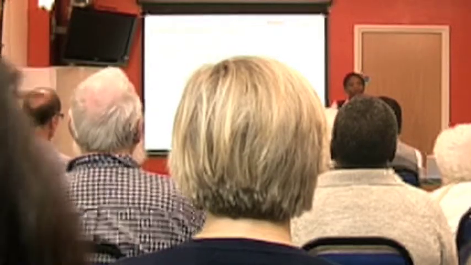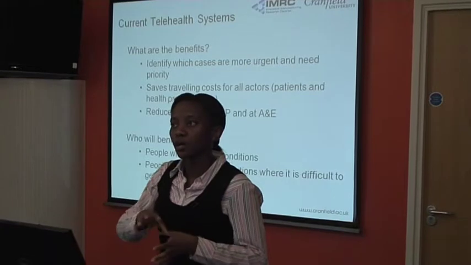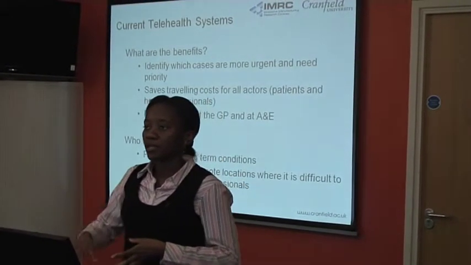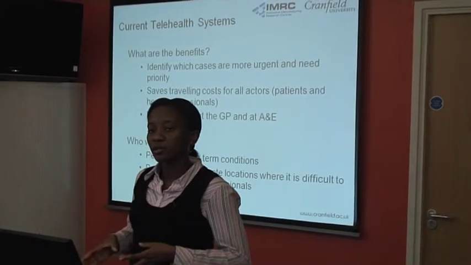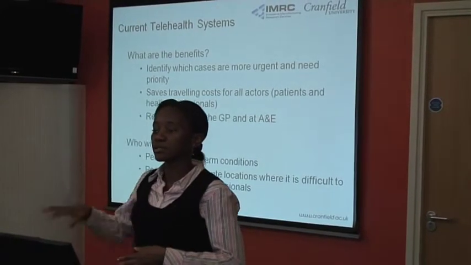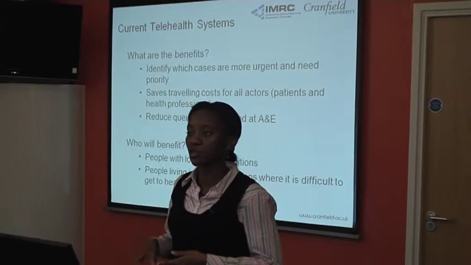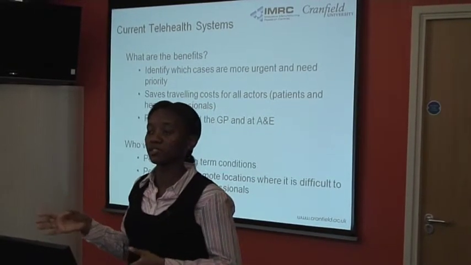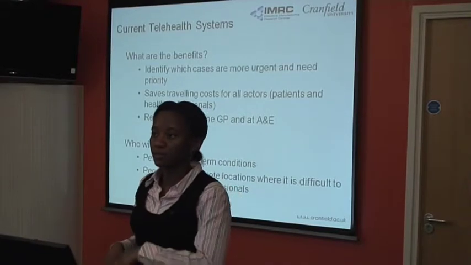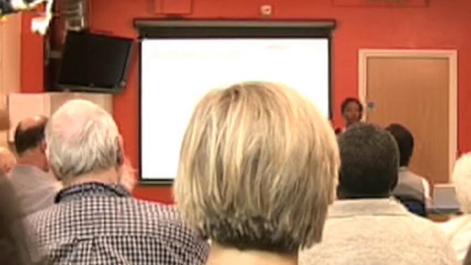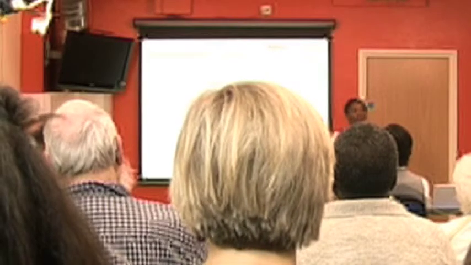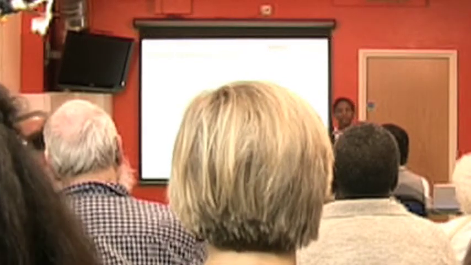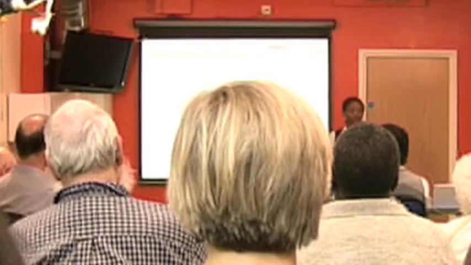So when you have a telehealth system, your results are sent automatically through a system, and then on the computer that the health professional has, it gives different signals to show whether the person is a high priority patient to attend to. In that case, they might go straight to visit them or call them up, or a low priority whereby they could say, okay, well, we can find out what's wrong with this person later on.